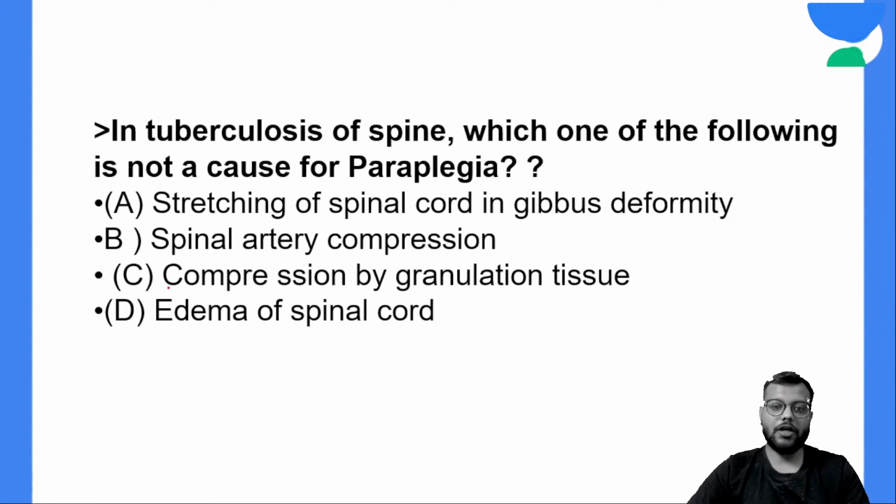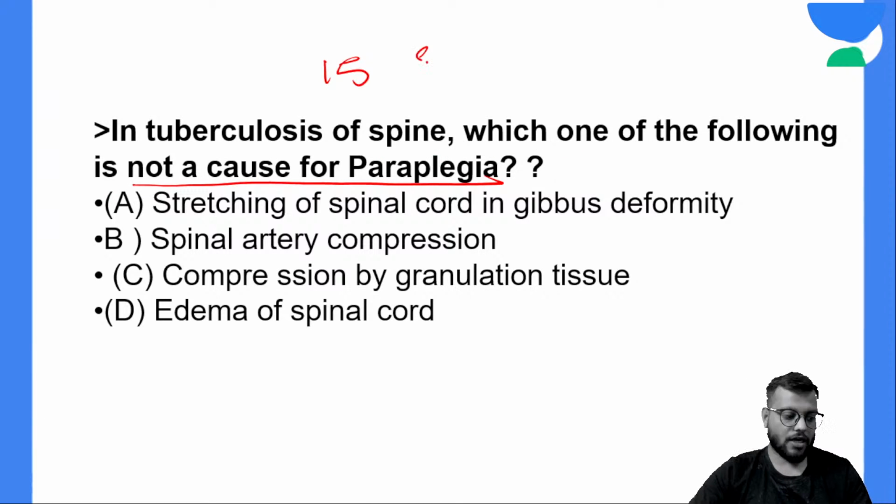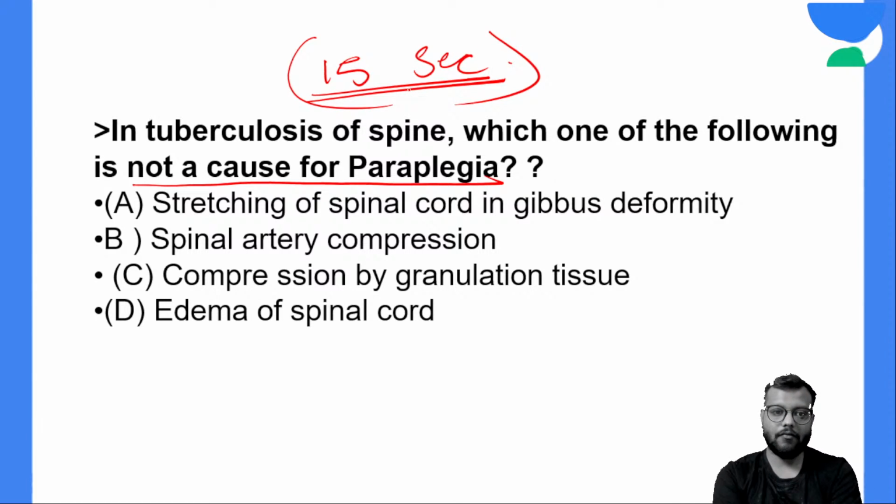Okay, now next question. In tuberculosis of spine, which one of the following is not a cause of paraplegia? Not a cause of paraplegia. Here are your 15 seconds. Okay, so stretching of the spinal cord in gibbous deformity, yes, it can happen.